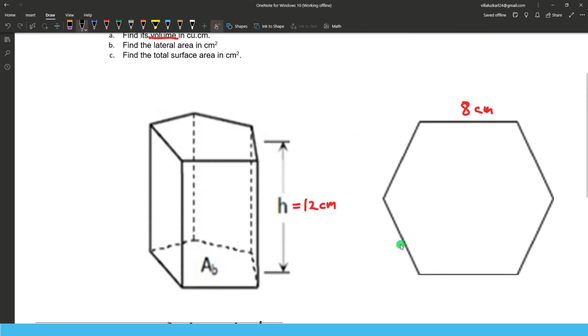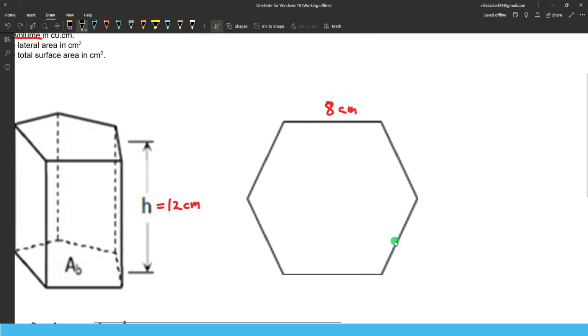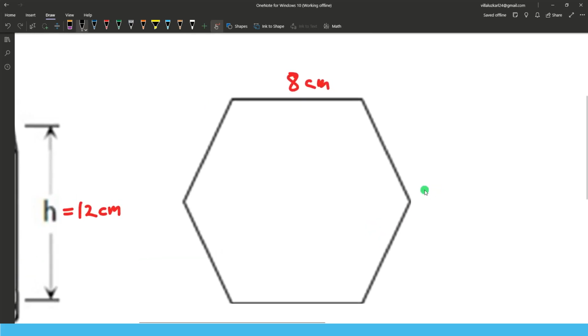So let's first find the area of the base. This is the base here. Let's take one part of this regular hexagon by connecting the vertices to the center, where we can form an isosceles triangle.